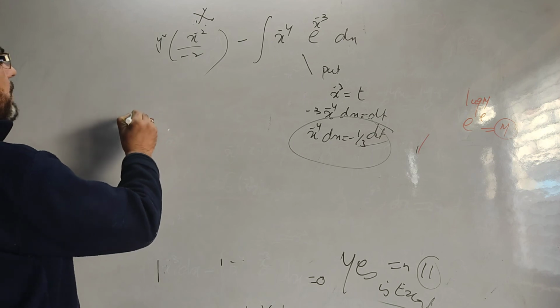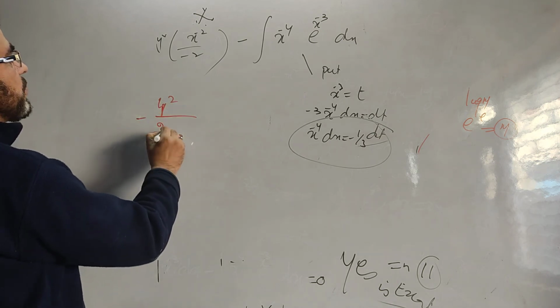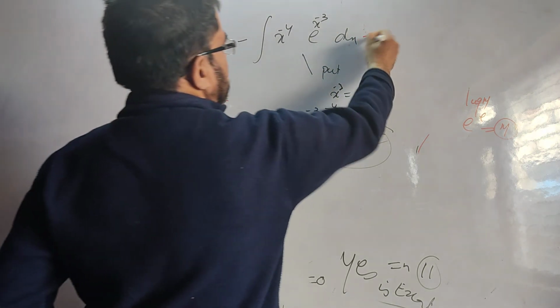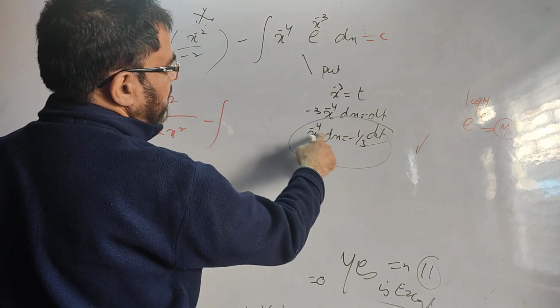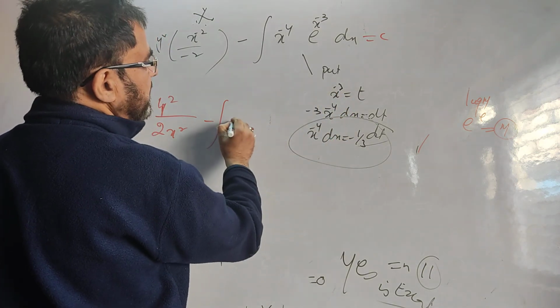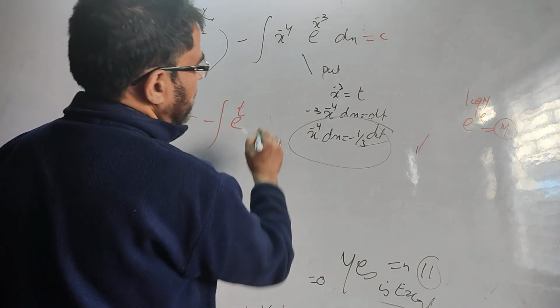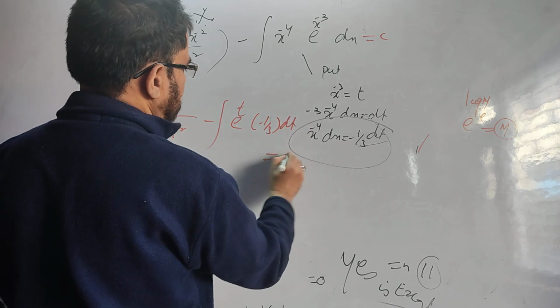This gives minus y square by 2x square minus the integral of minus 1 by 3 e raised to power t dt is equal to c.